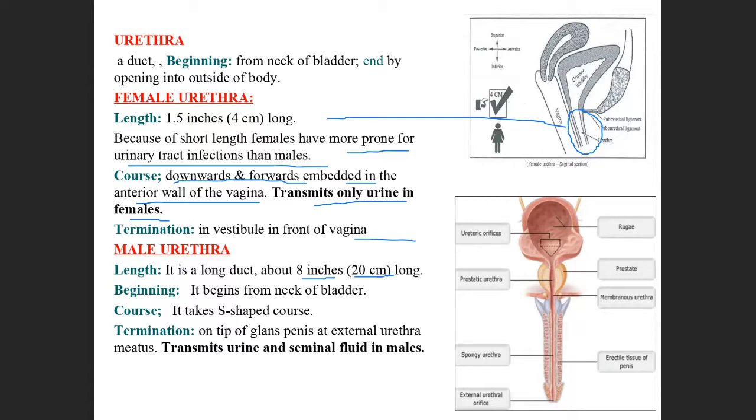Where does it begin? The urethra begins at the neck of the urinary bladder, and it is S-shaped. It runs from the neck of the bladder to the tip of the penis.